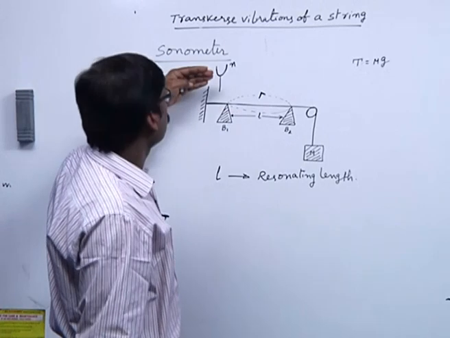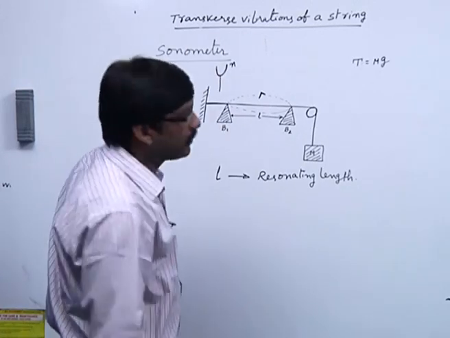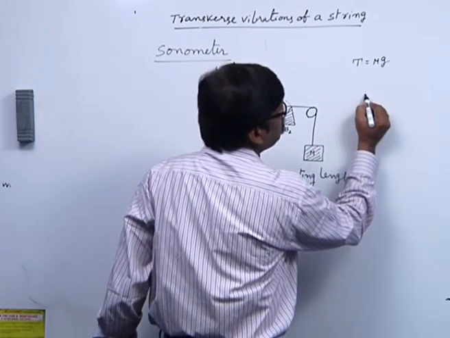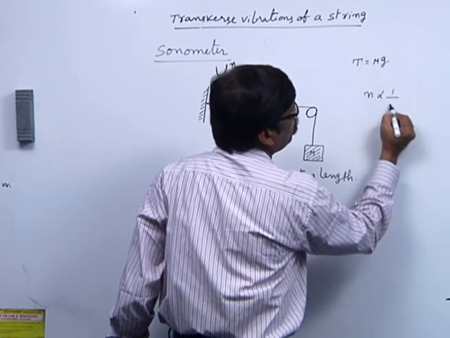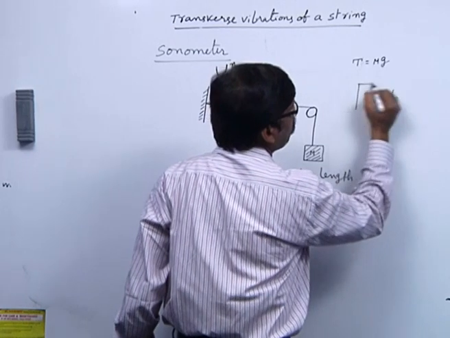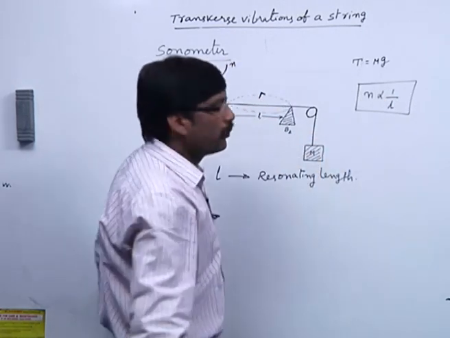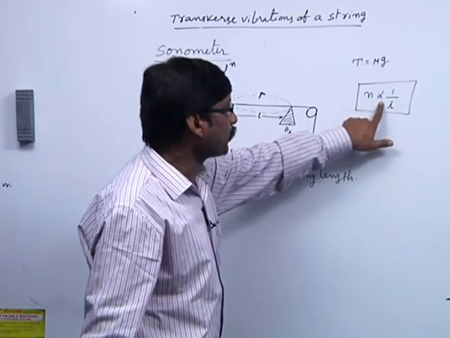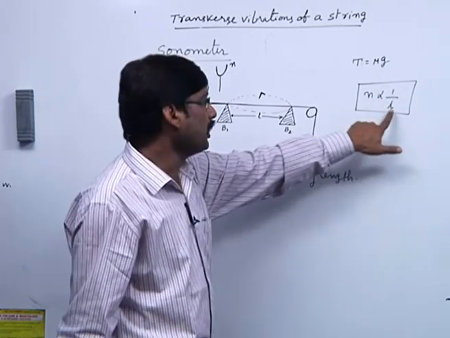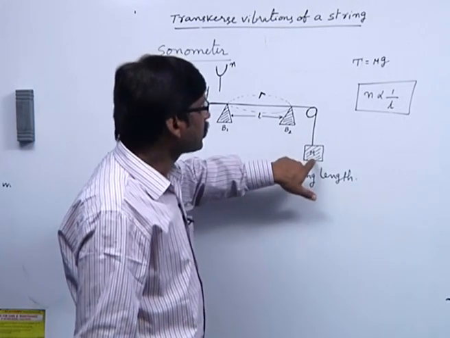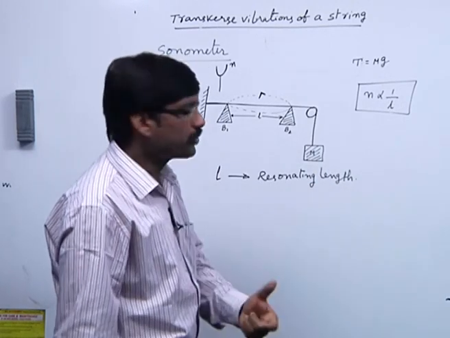What is our aim? To verify the laws of vibrating string. That is, I want to prove this statement: frequency is directly proportional to 1 by L, or inversely proportional to the length of the string, provided tension and linear density are constant.